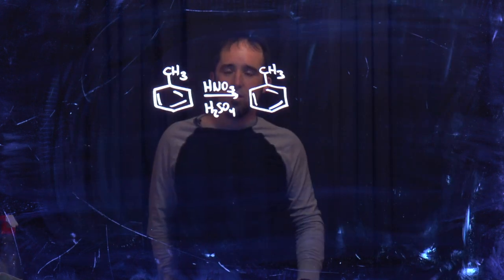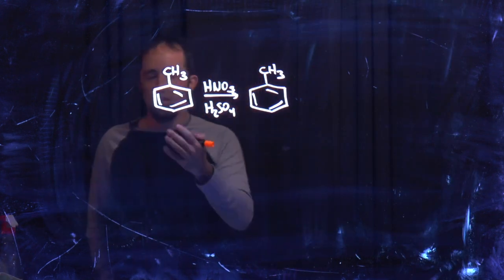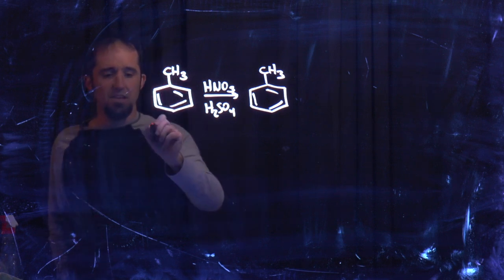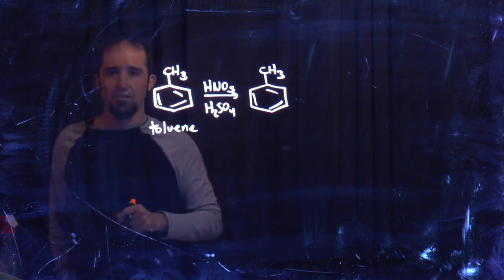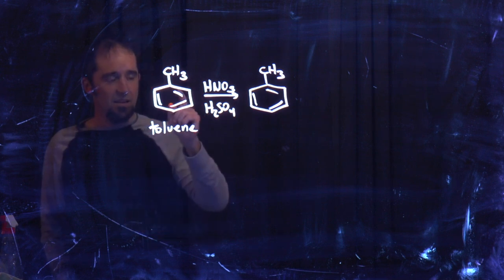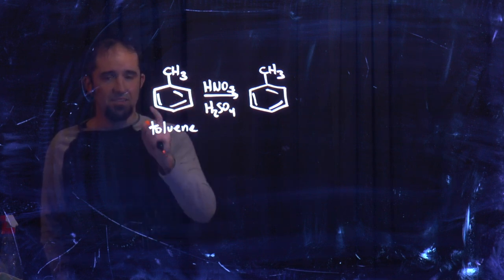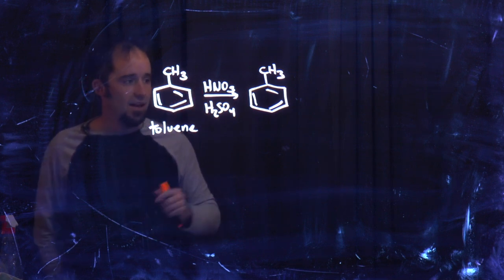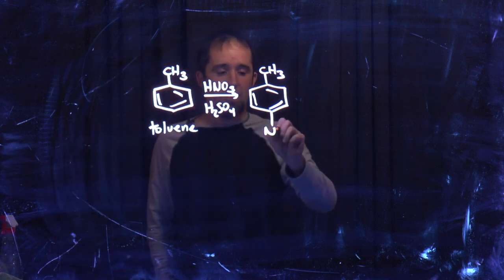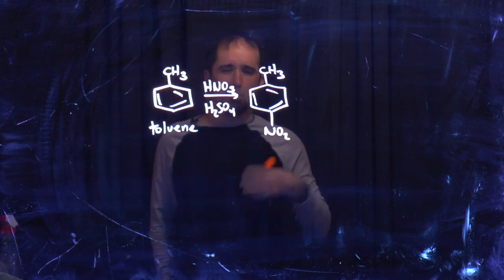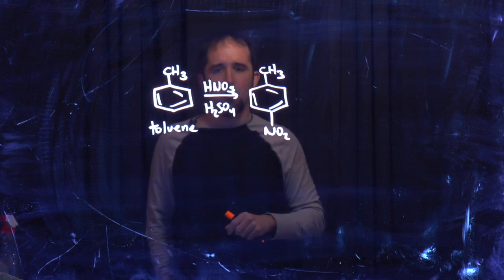So one really important example of this reaction. This is methylbenzene, better known as toluene, important commodity chemical. When I take nitric acid and sulfuric acid and treat that with toluene, I have an activating group here, so I'm going to get nitration very quickly, mostly at the para position, but some at the ortho position as well.